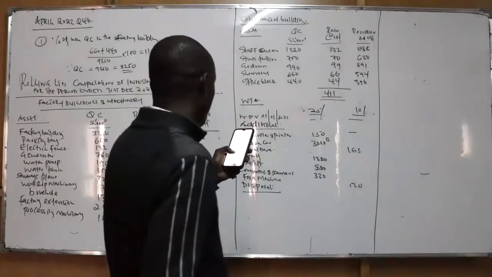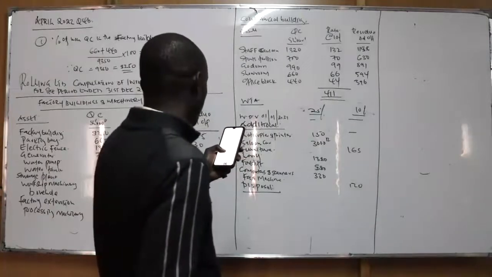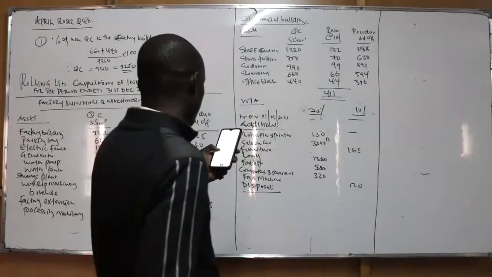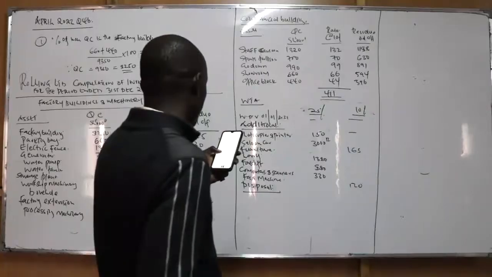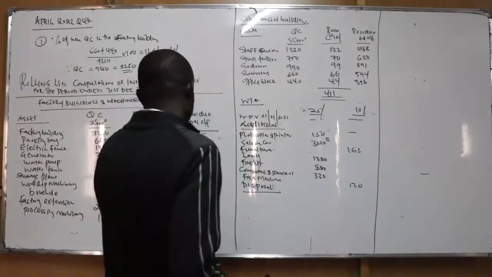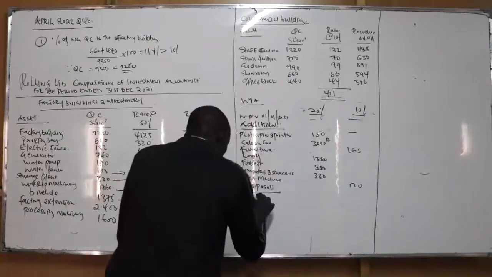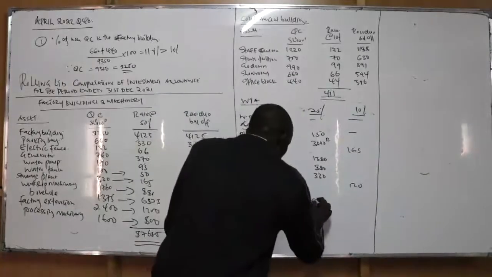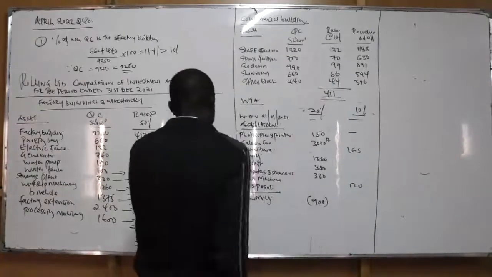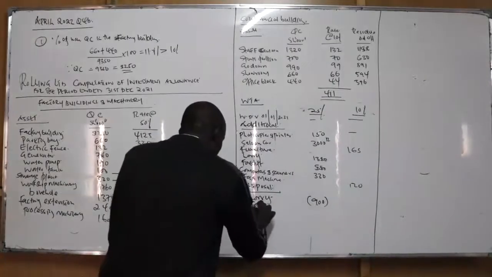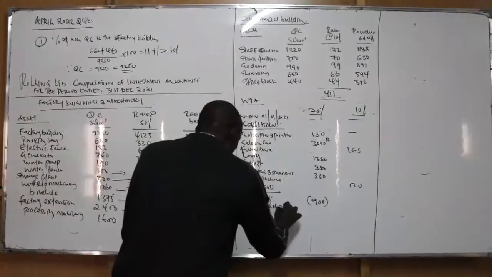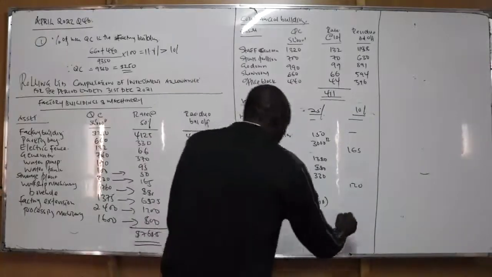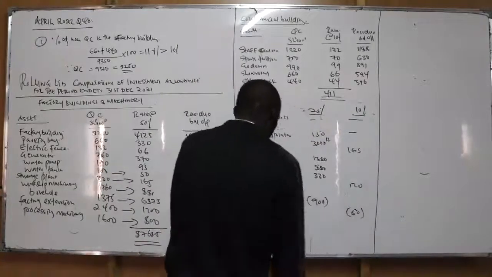Lorry: so we come here and write the lorry, 900. So you deduct 900 here. And then the fax machine is 50. It is under this category, you deduct.